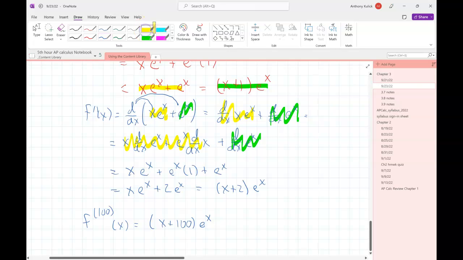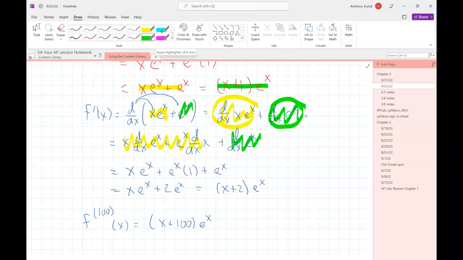So that's giving me the derivative of the first piece plus the derivative of the second piece. The piece in yellow is a product, so I had to use the product property or the product rule. And the piece in green, well, a regular derivative, so I didn't have to do any property there, just left it.